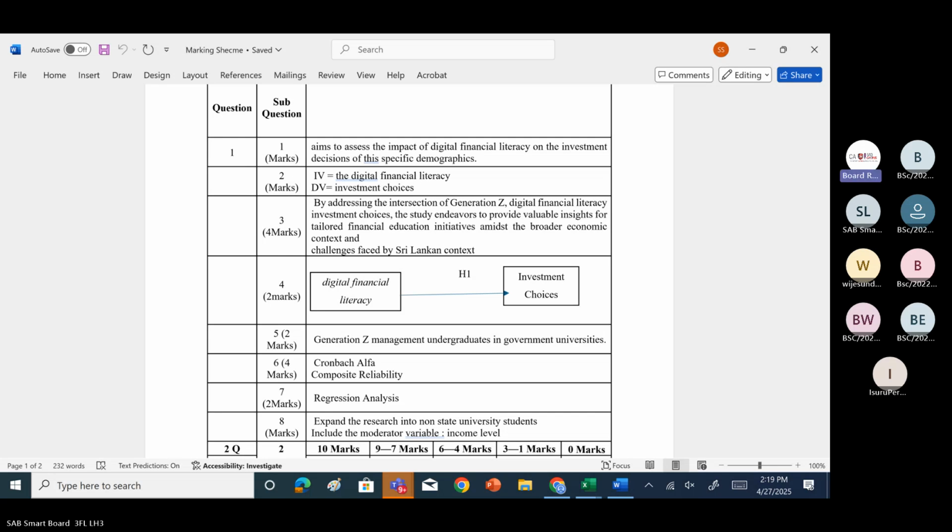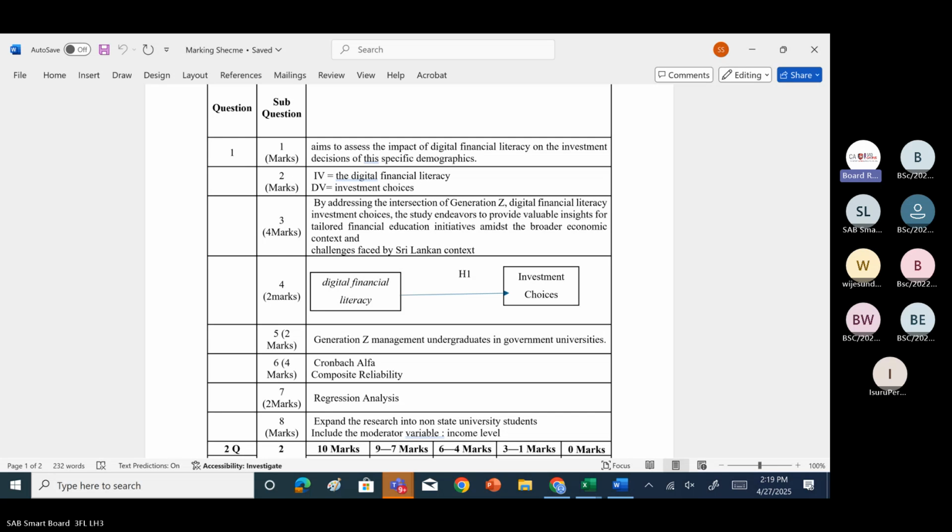Right. So then question number 6, subsection 6, for the 4 marks, it asks what sort of analysis technique you can use to measure the reliability. Right? So what are the measurement techniques?